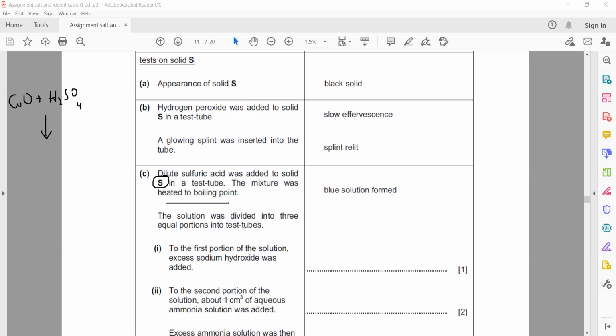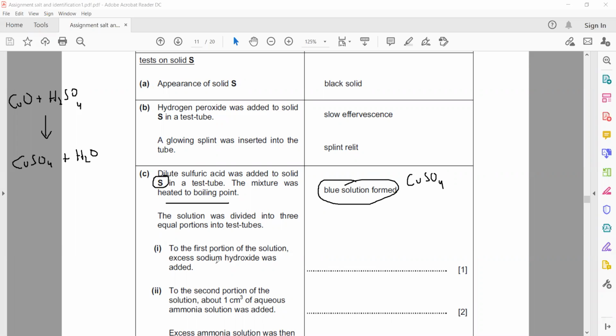No, not copper sulfide, copper sulfate. Because sulfuric acid gives a sulfate salt. So it will form copper sulfate plus water. Basically it will form a copper sulfate solution. That's why it is blue. Why is it blue? Because a copper sulfate solution is formed.